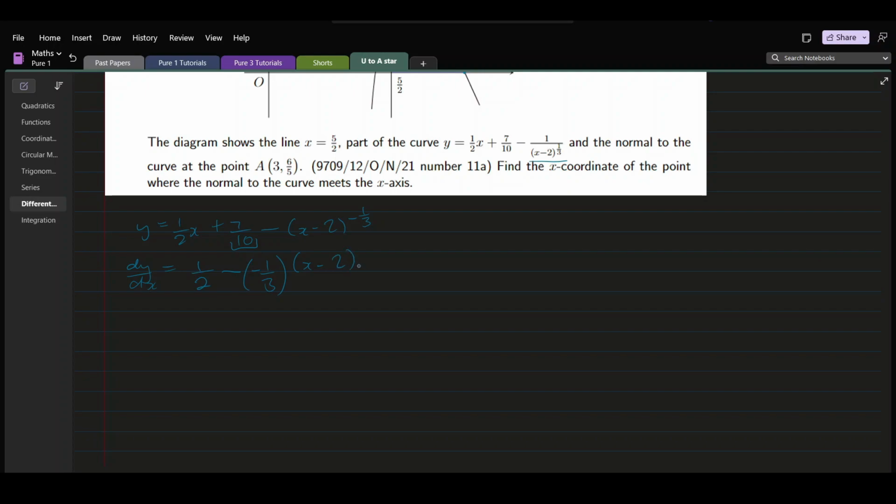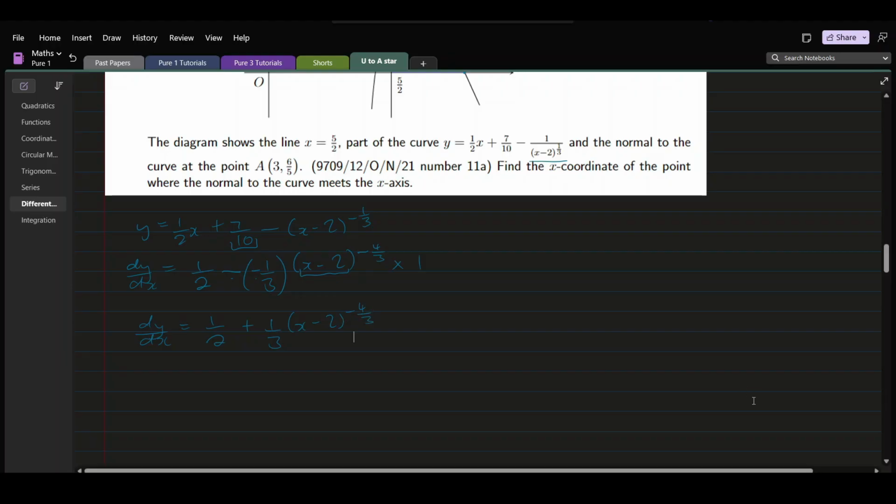Subtract 1 from the power, so that becomes negative 4 over 3, multiplied by, differentiate the inner function, you get 1. And so dy dx is equal to 1 over 2 minus 1 over 3, which gives us positive 1 over 3, x minus 2 to the negative 4 over 3.